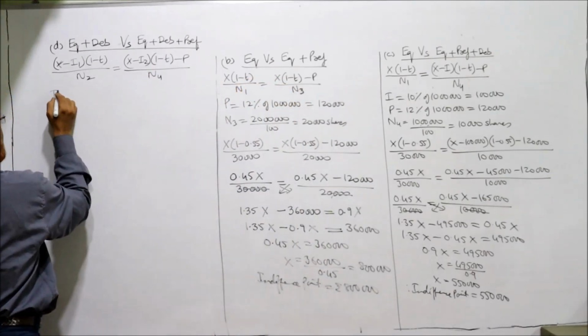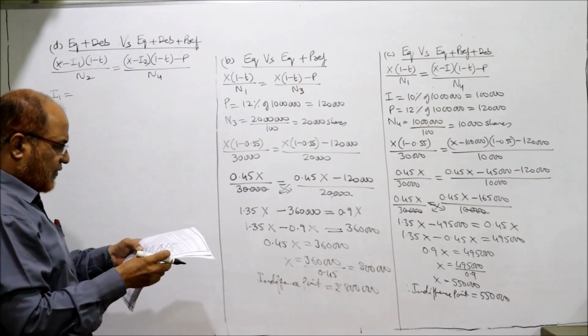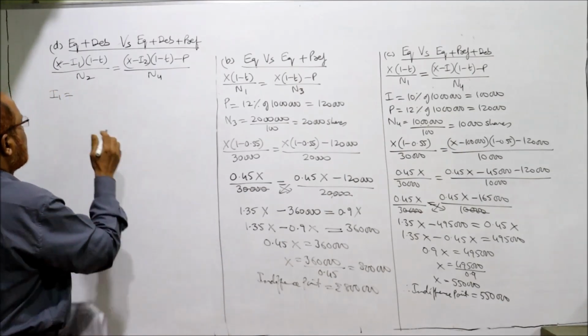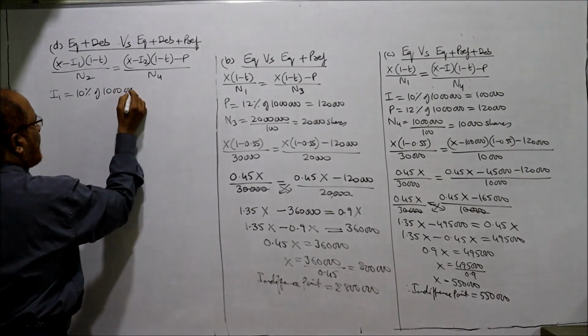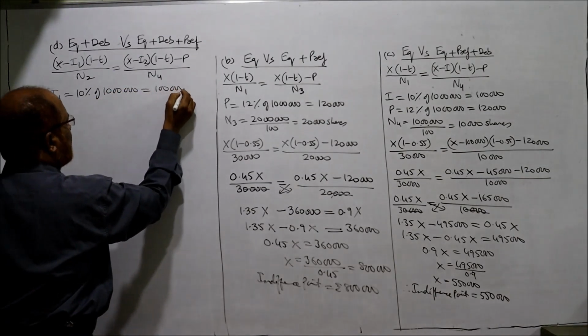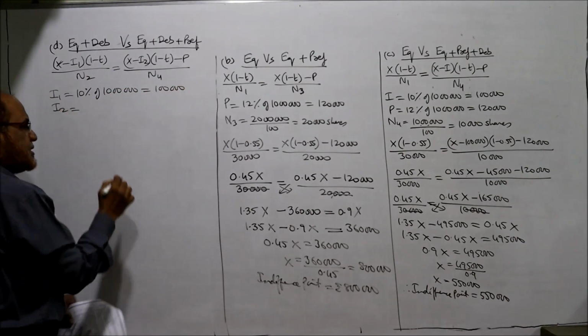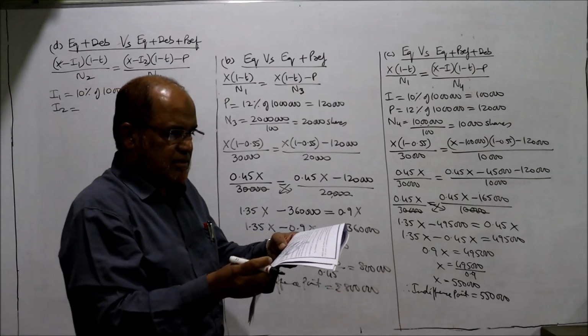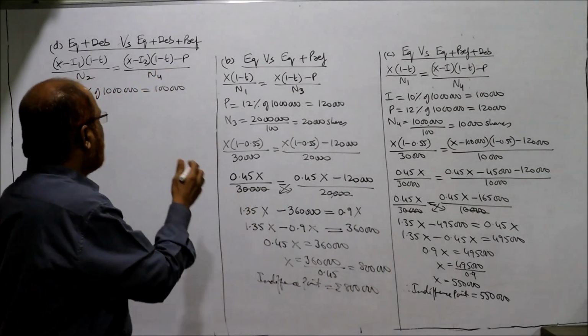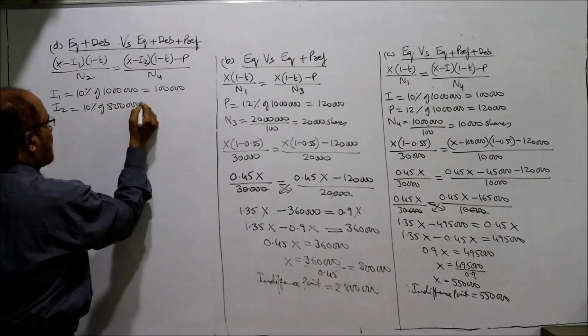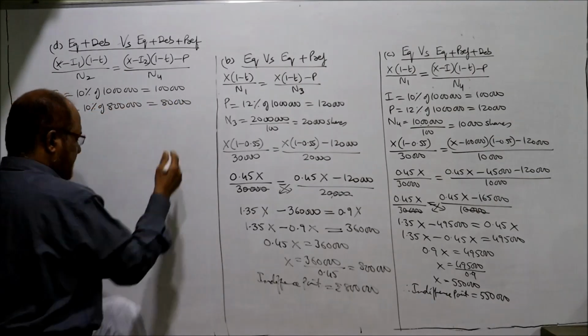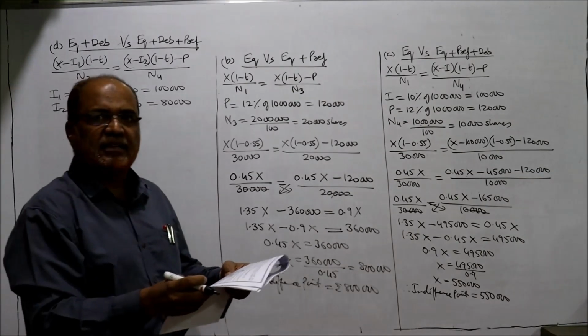So I1, what is the interest on debenture in the first plan? 10% debenture of 10 lakh is equal to 1 lakh. I2, second plan, how much are the debentures? 10% debentures of 8 lakh, 80,000.